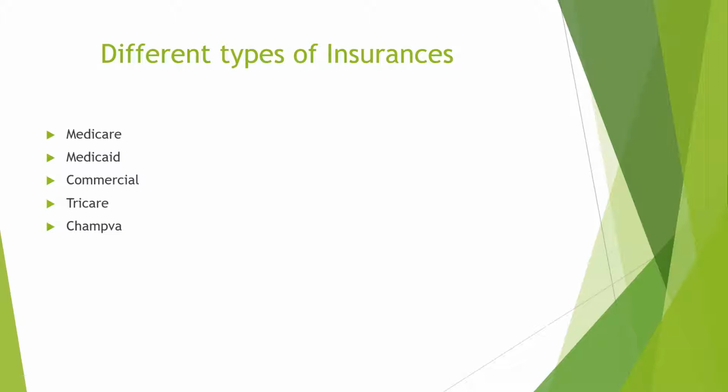So, as an AR worker, it's important to know, as I said, the different types of these insurances so you can know their processes and how they work as you're billing for them. And again, it will take time to learn all of these processes. It'll take time to learn how the insurance company works.